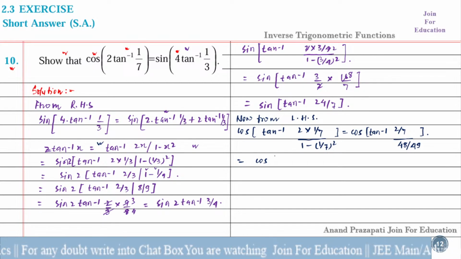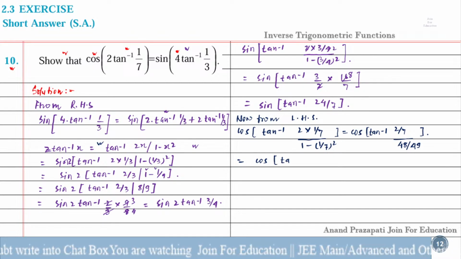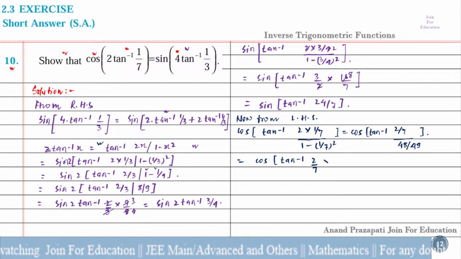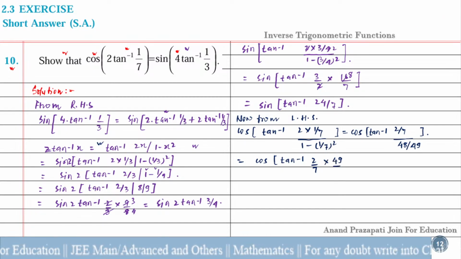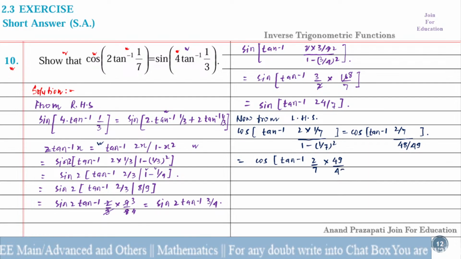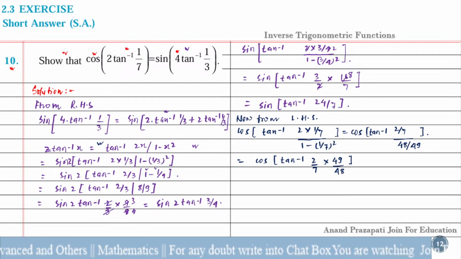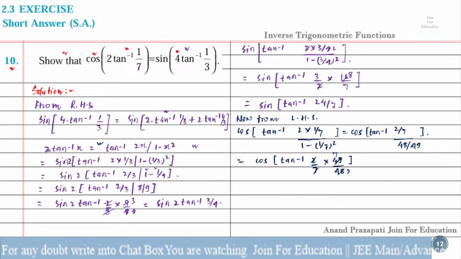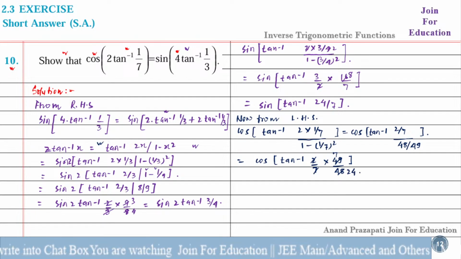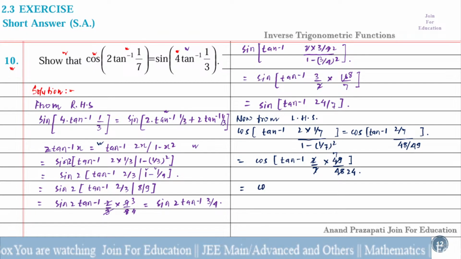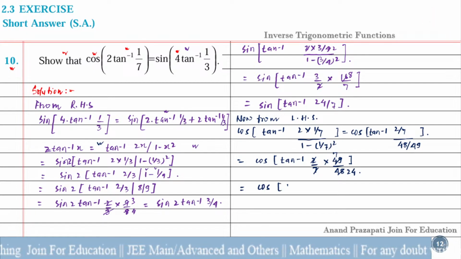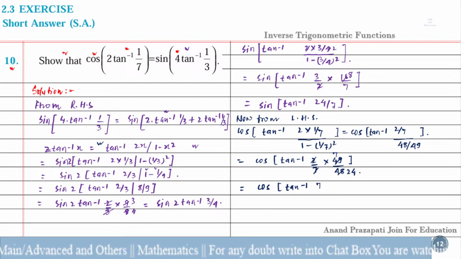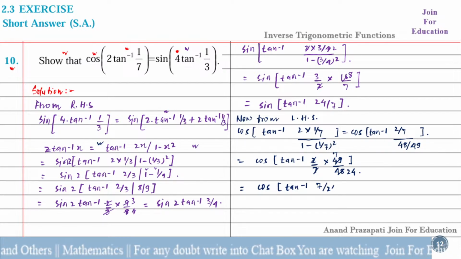So the next step here will be equal to cos tan inverse 2 by 7 into 49 by 48. So this one will be 7 7 ja 49 and this one will be 24. So here will be what? Cos tan inverse 7 by 24.